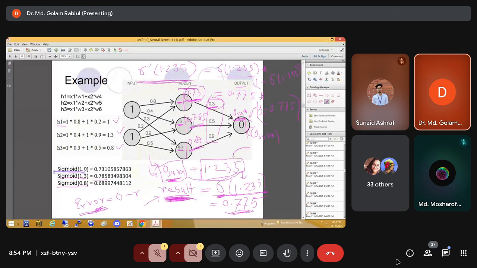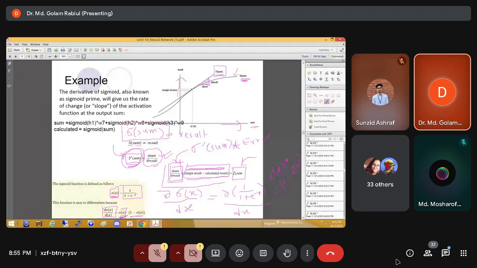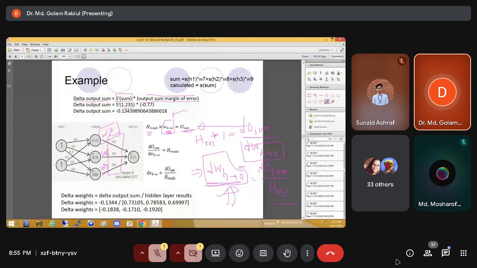The output sum is 1.235. If we take the derivative of the sigmoid, it will be 0.775 times 1 minus 0.775, times the output sum margin error.